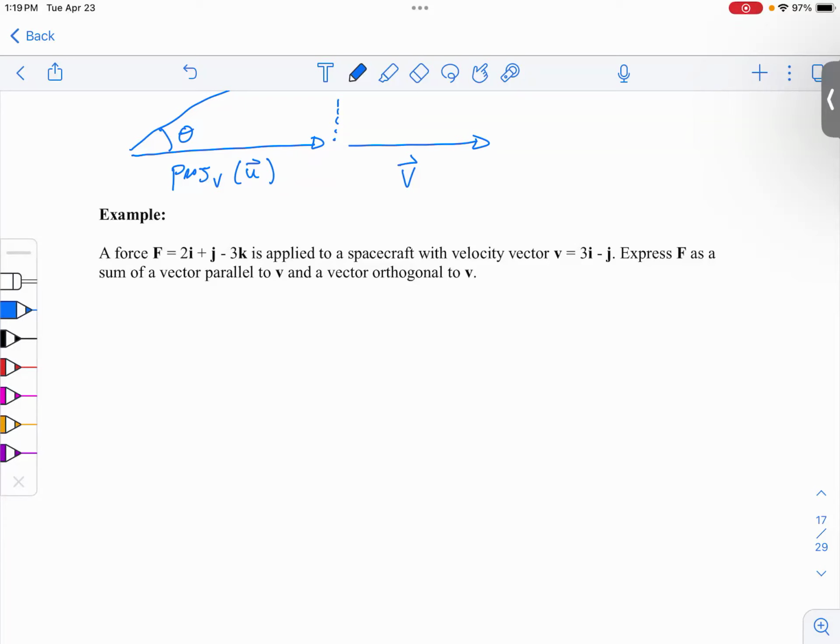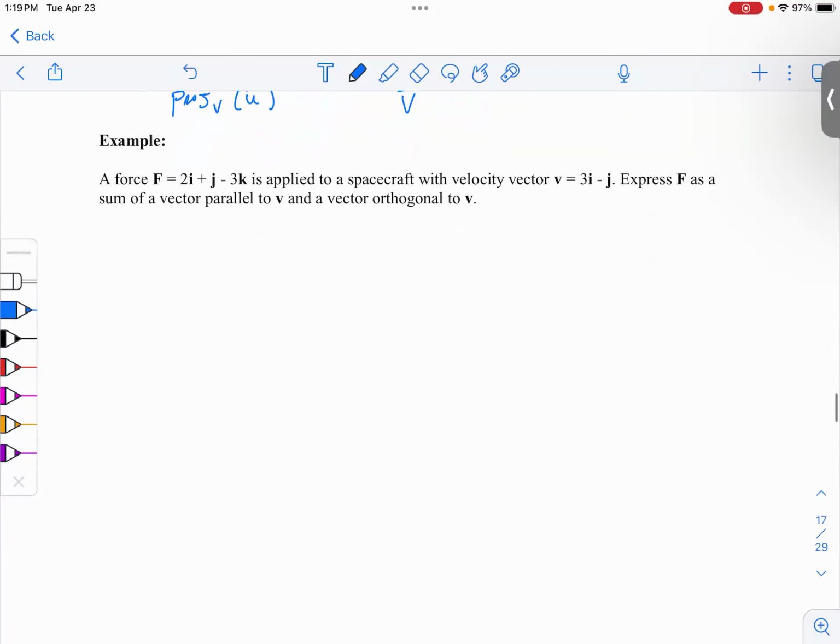Also, when force is applied to anything, basically, that becomes vector projection as well. All right, so that means we want to write our vector as the projection of F onto V.